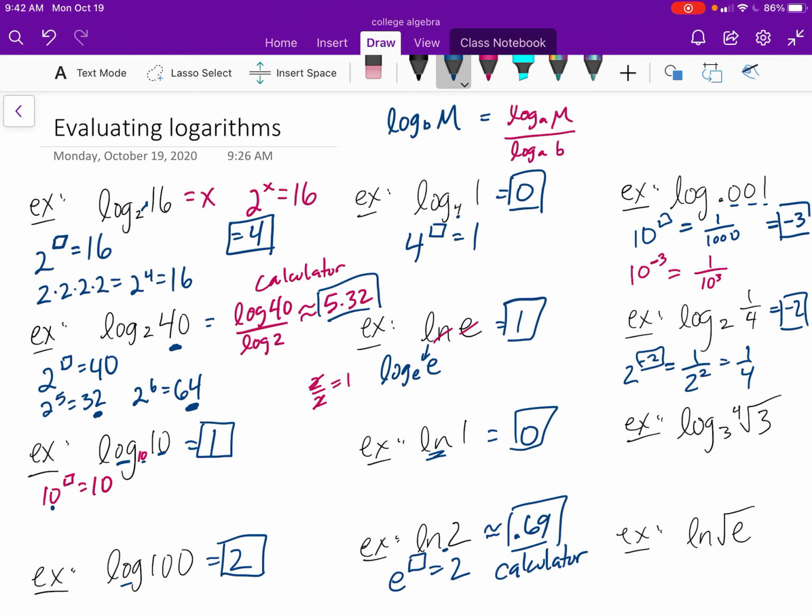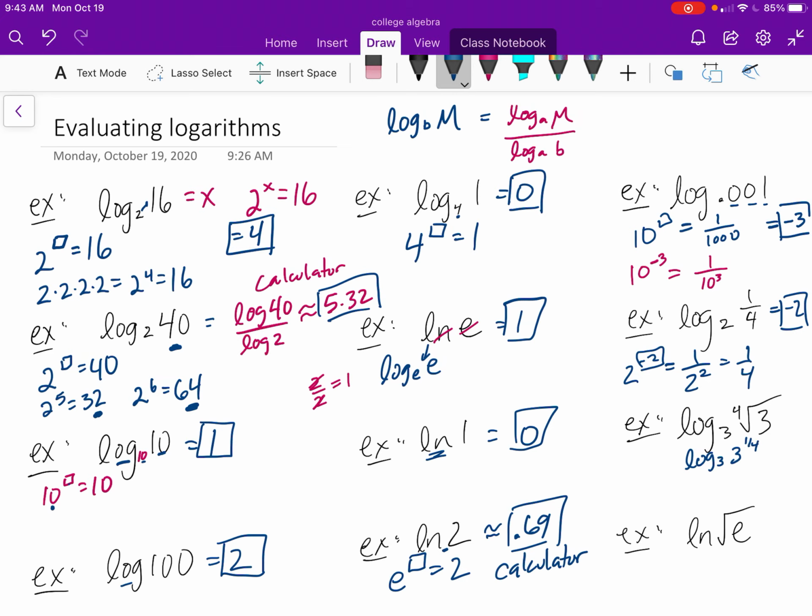We could do change of base on either of those, like the one we just completed and this next one, but again, there's no need. If I rewrote this as log base 3 of 3, a fourth root is the same as saying 3 to the 1/4 power.